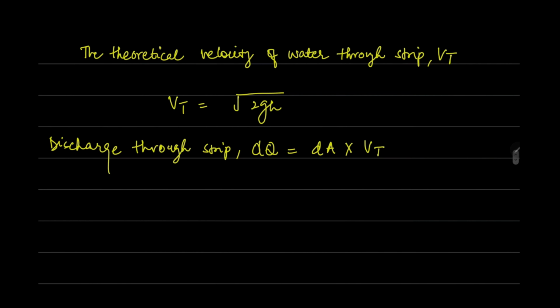Now we will put in the values we got from the above equations. So dq is equal to dA, which we have already got, that is 2 multiplied by (H minus h) multiplied by tan theta by 2, then dh, that is the area, and then Vt is under root 2gh.